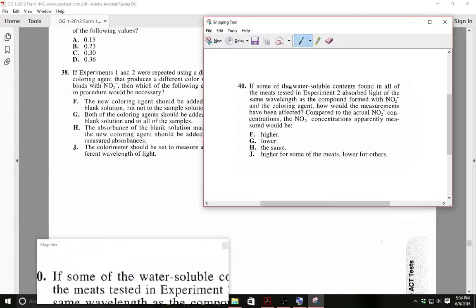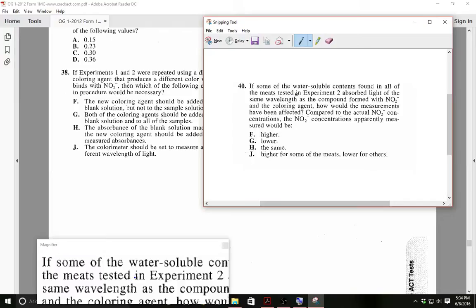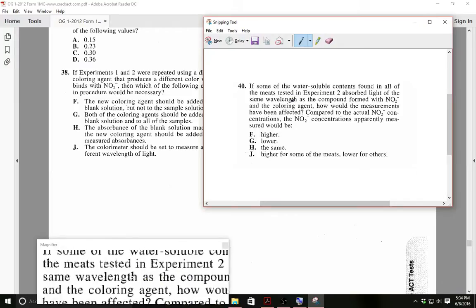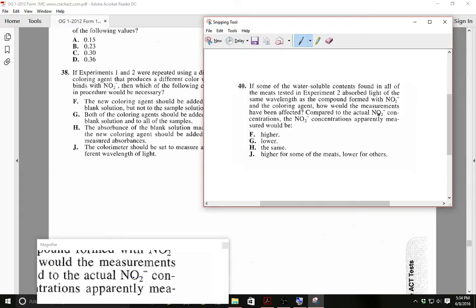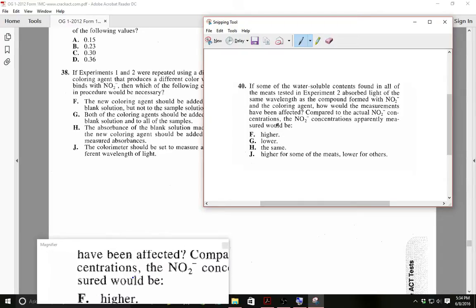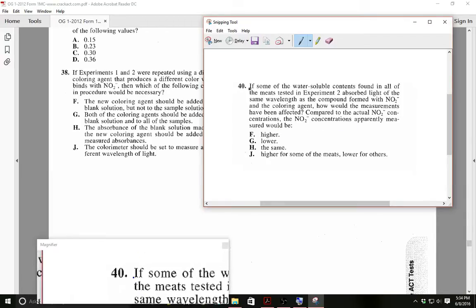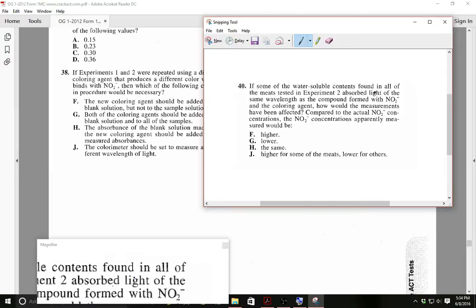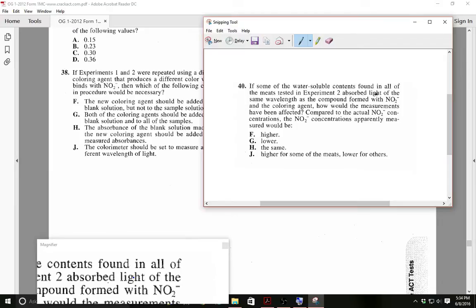If some of the water-soluble contents found in all of the meats tested in experiment 2 absorb light of the same wavelength as the compound formed with nitrite and the coloring agent, how would the measurements have been affected?